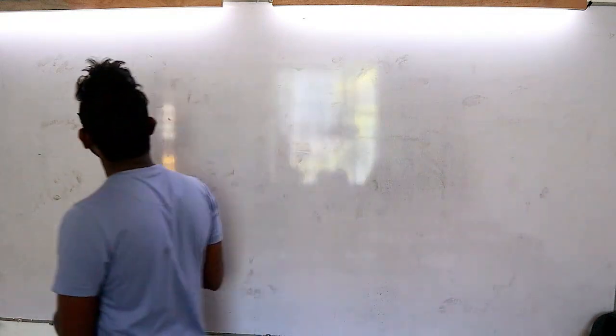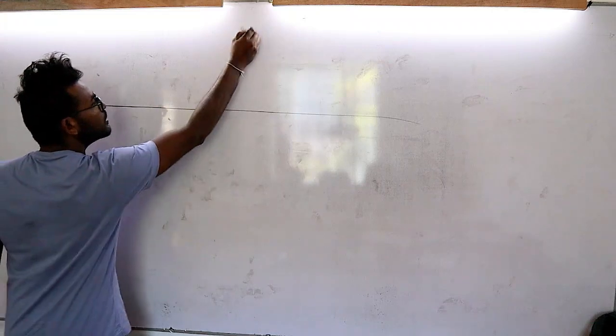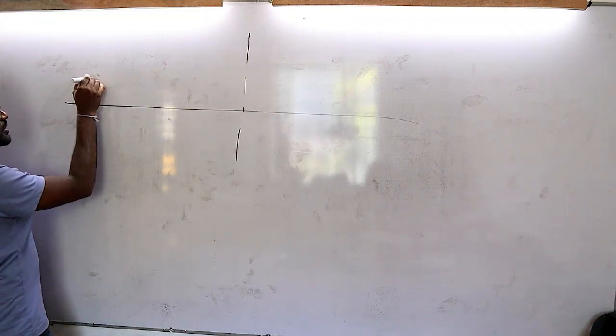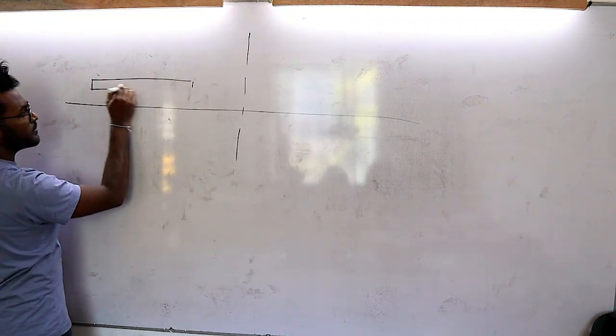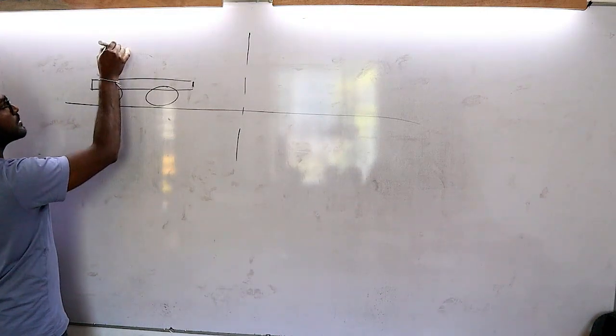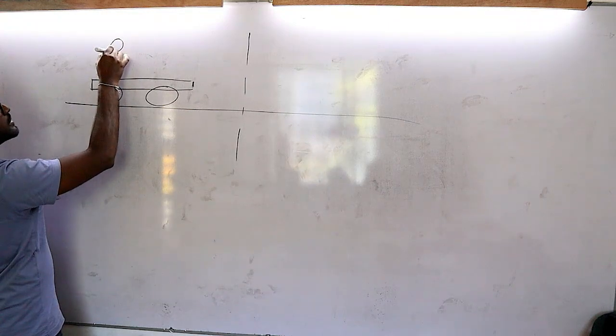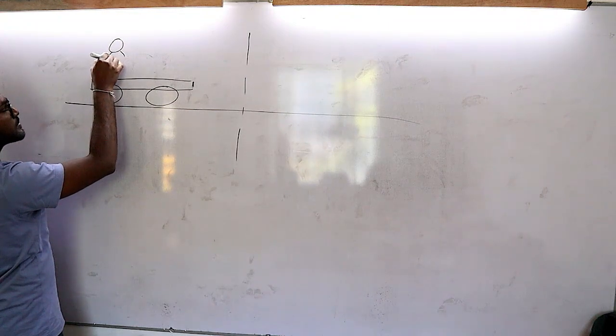Or maybe we'll first draw it. There's a trolley, a lengthy trolley with two wheels, and there's a person here standing like this.